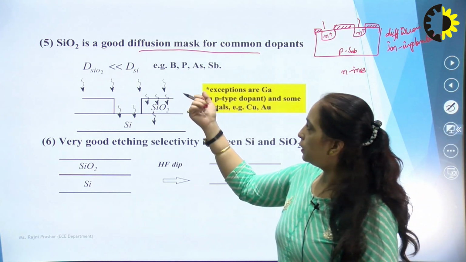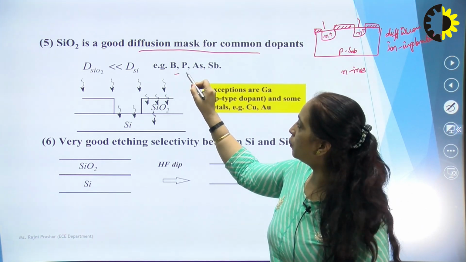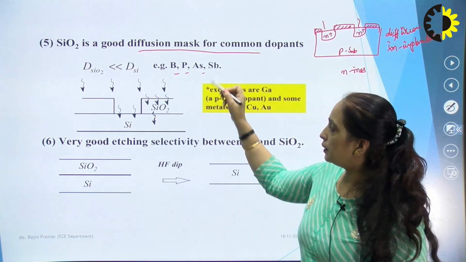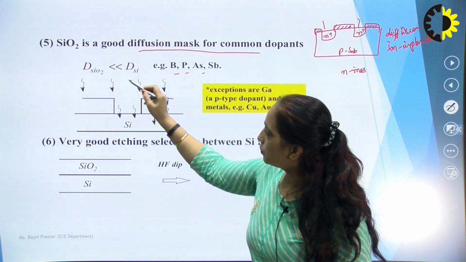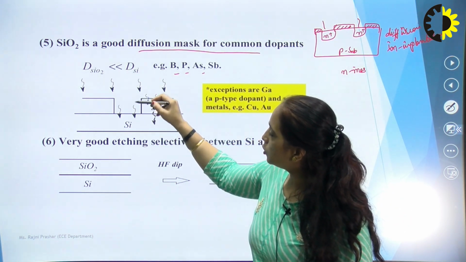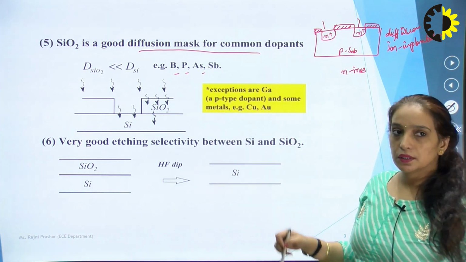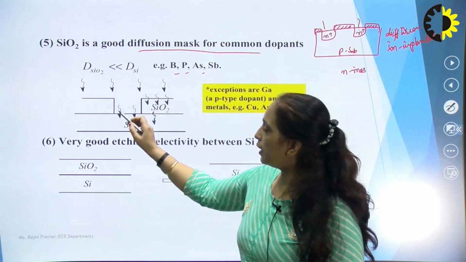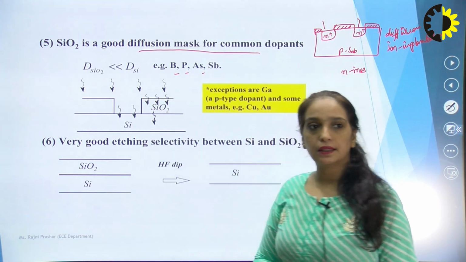The very common dopants used in IC fabrication are boron, phosphorus, arsenic, and so on. These dopants pass to the silicon where we don't have the silicon dioxide layer, and they move inside the silicon.